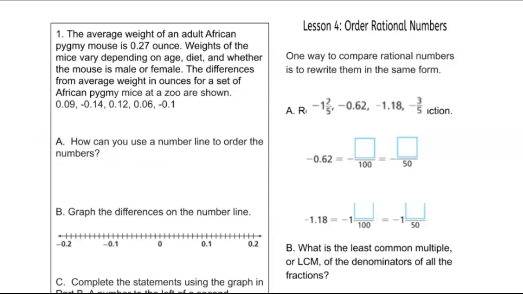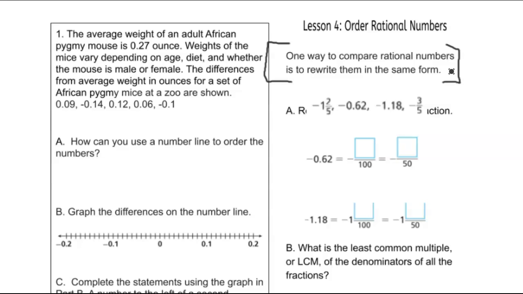It says one way to compare rational numbers is to rewrite them in the same form, meaning either choose decimals or fractions. I prefer decimals myself because with fractions, you not only have to get them to be a fraction, then you have to find a common denominator. So I prefer decimals most of the time, but to each their own.